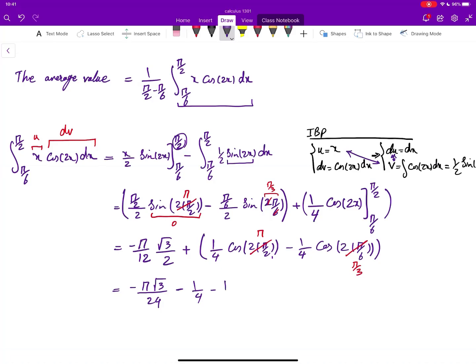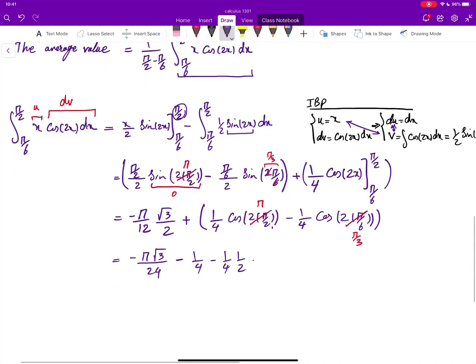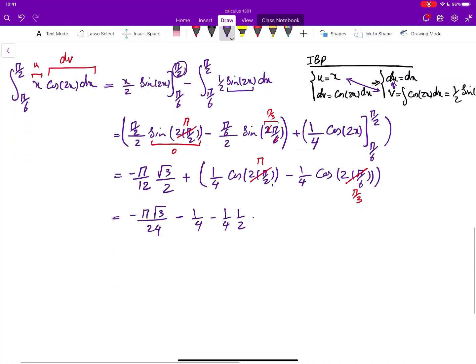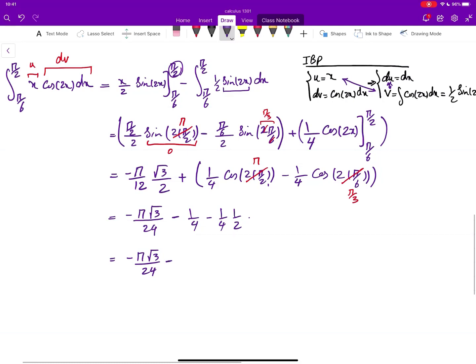So I will have 1/4 times 1/2. So what we found is negative pi root 3 over 24. Why are both of them negative? Yes, because cosine pi was negative. So this one, if I find the common denominator, that will give me 3 over 8.